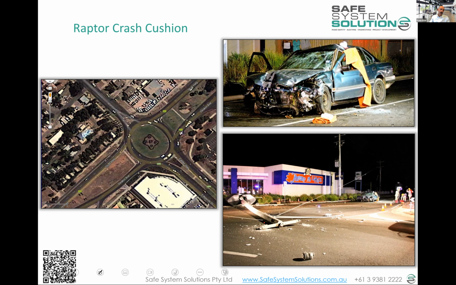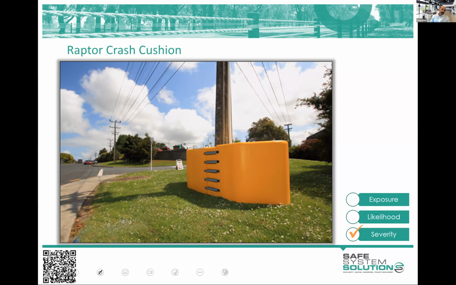They hit a power pole, and the power pole had a Raptor cushion, which is a device that sits around the power pole. Now, it's not just like football goalpost padding. It actually rotates and pushes energy away so it doesn't hit the point source hazard.